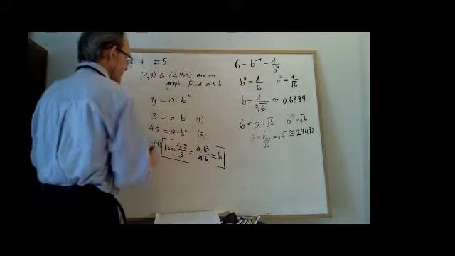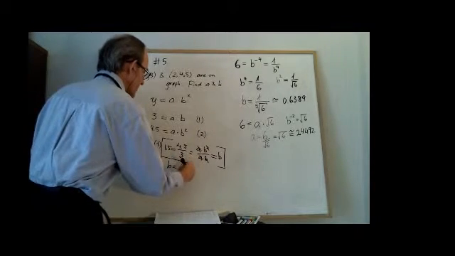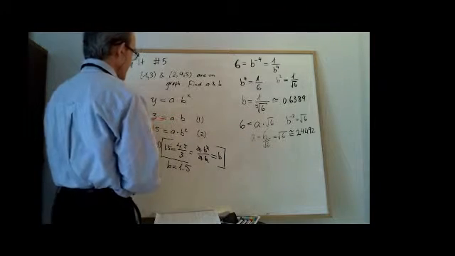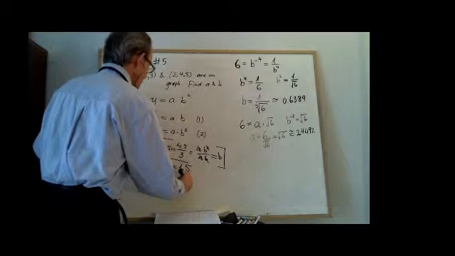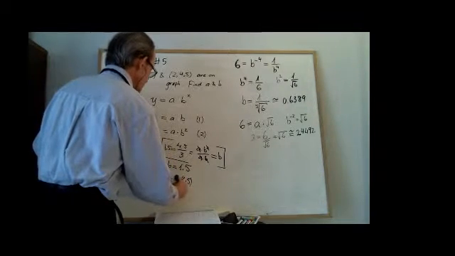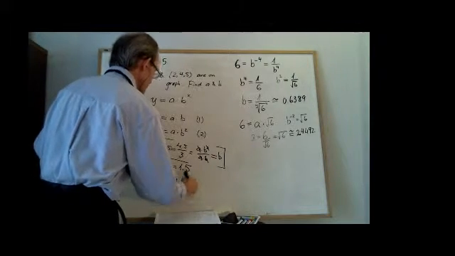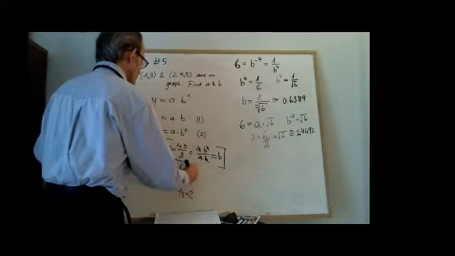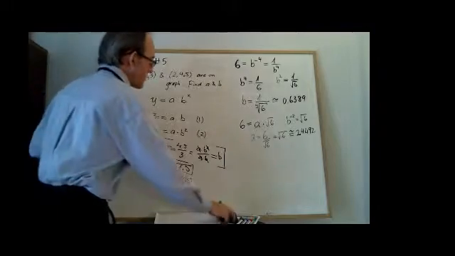So I found my b. b is 1.5. Now I plug b in here, and I get 3 is equal to a times 1.5. And so a is equal to 3 over 1.5, and that's just 2. So here are my two parameters, a and b.